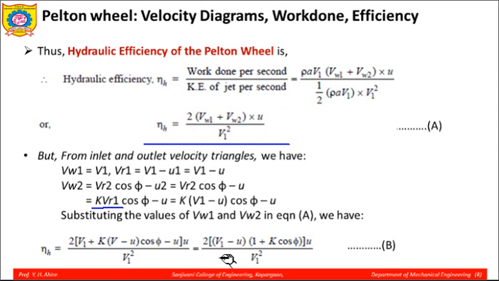You get the hydraulic efficiency as 2 into (V1 minus U) into (1 plus k cos phi) into bucket peripheral velocity U divided by V1 square.